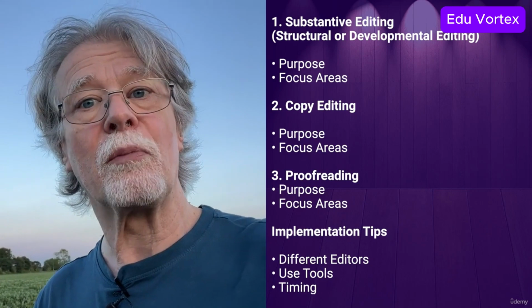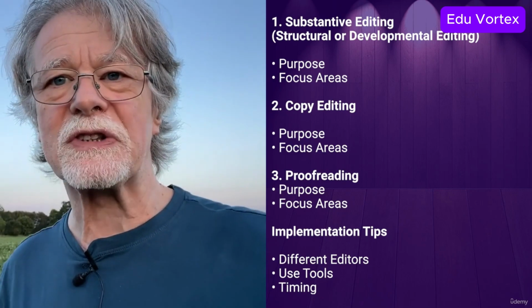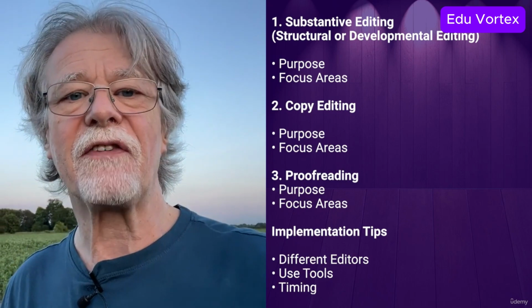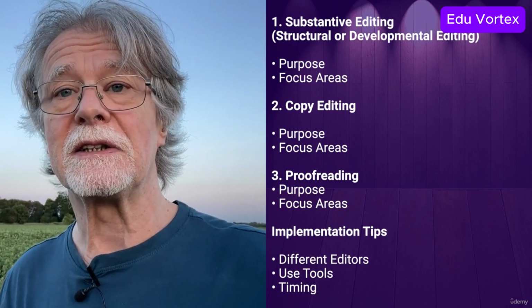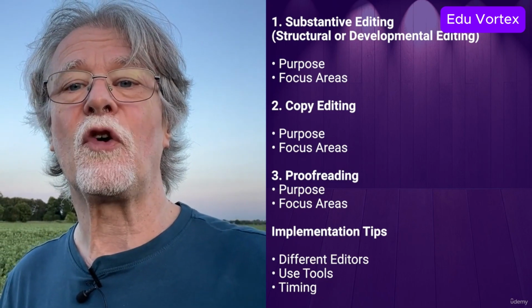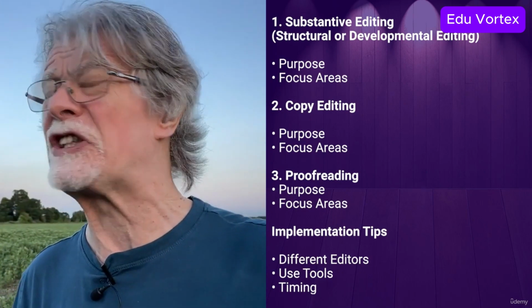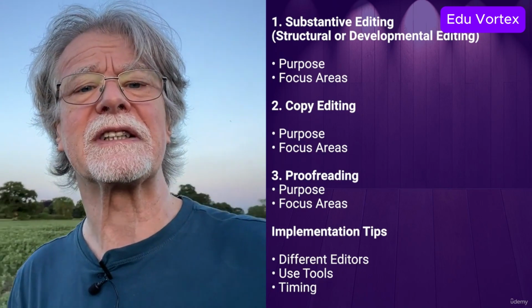And now, proofreading. This is the final stage of the editing process, focusing on surface errors such as misspelling, typographical mistakes, and formatting issues. It's the last step before publication, ensuring that the text is polished and ready for the audience.